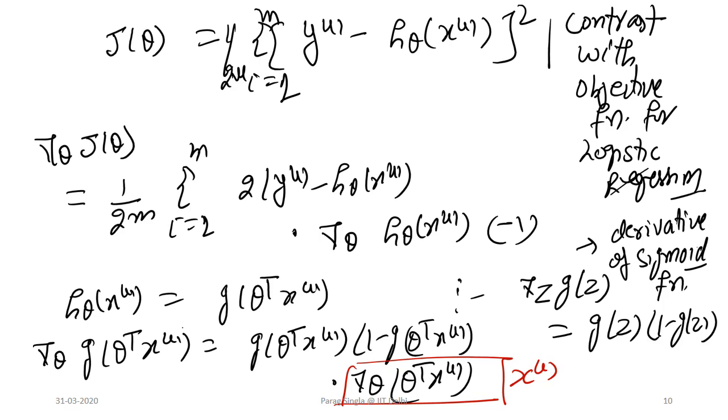In fact, we used the squared error objective for linear regression, and we are using the same here, but the form of h theta x here is different because it is the sigmoid function.